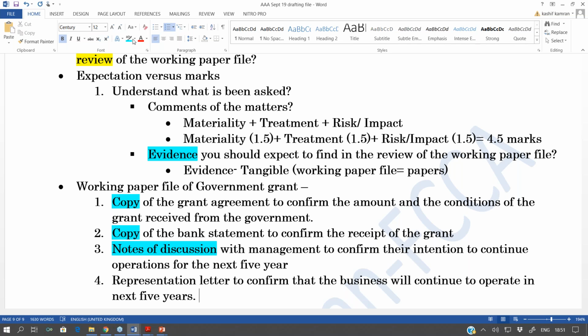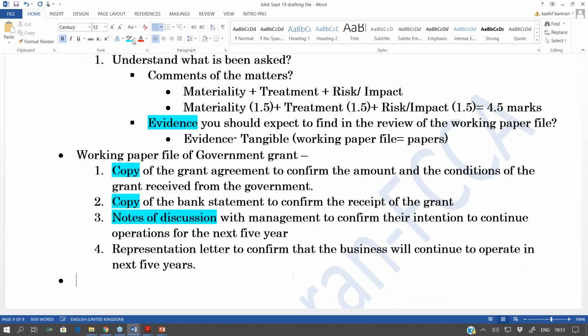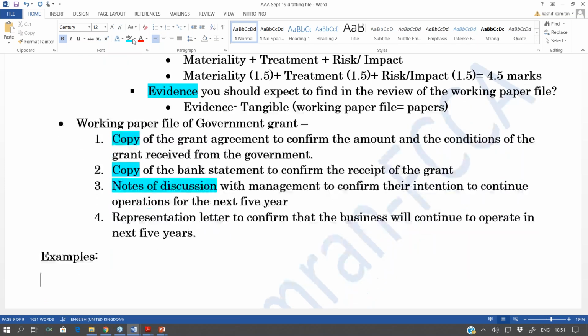Now, for example, take another example. Let's take some final examples here, right? If I review the board minutes, this is my procedure, right? Let's make it this way.